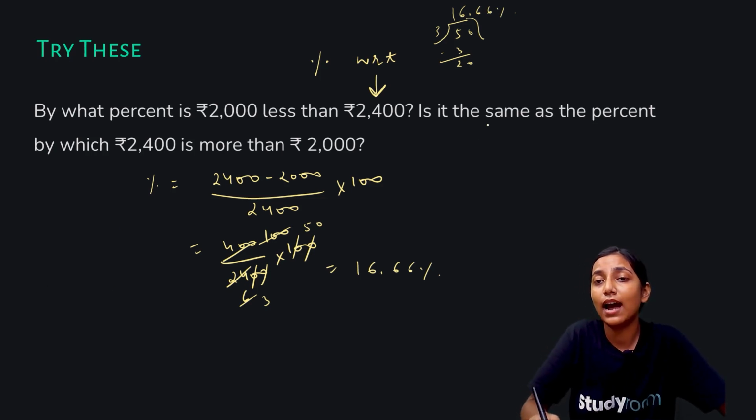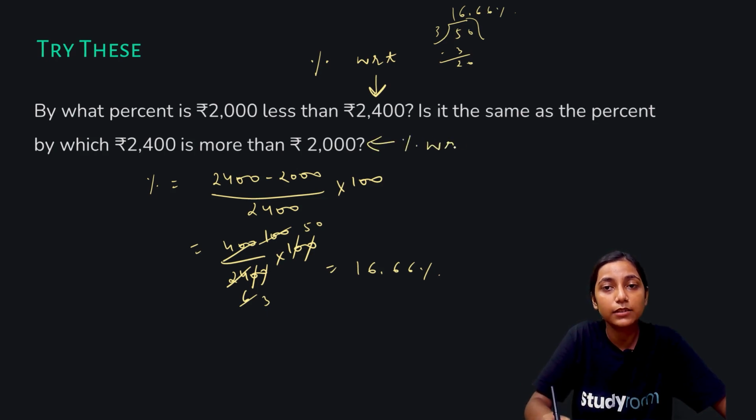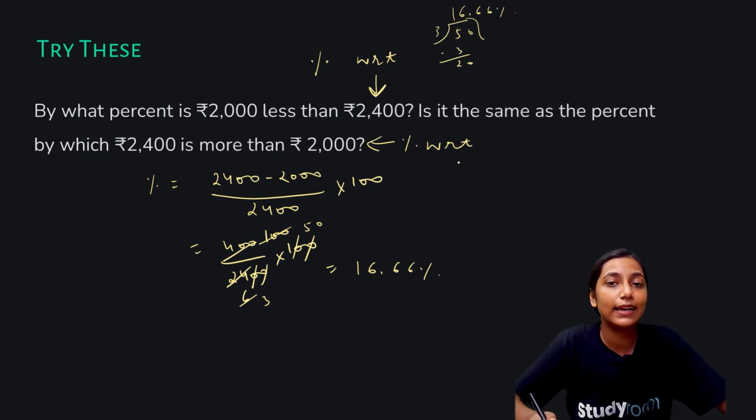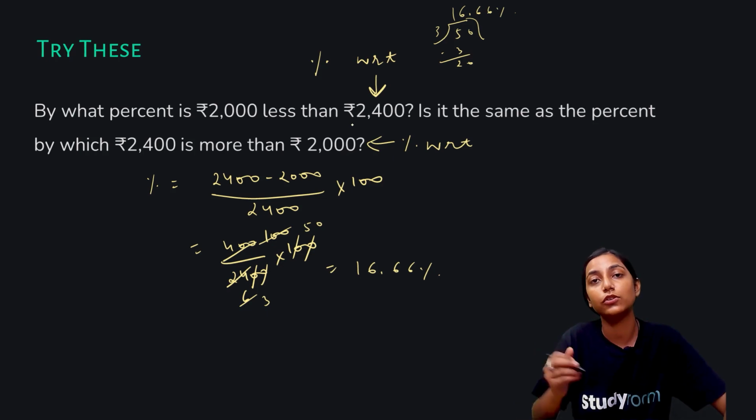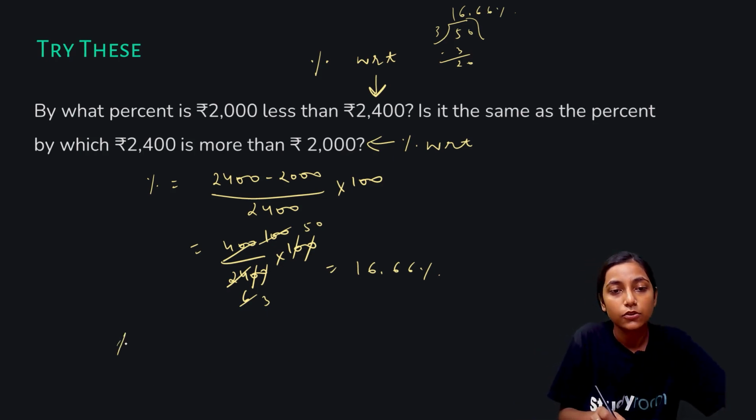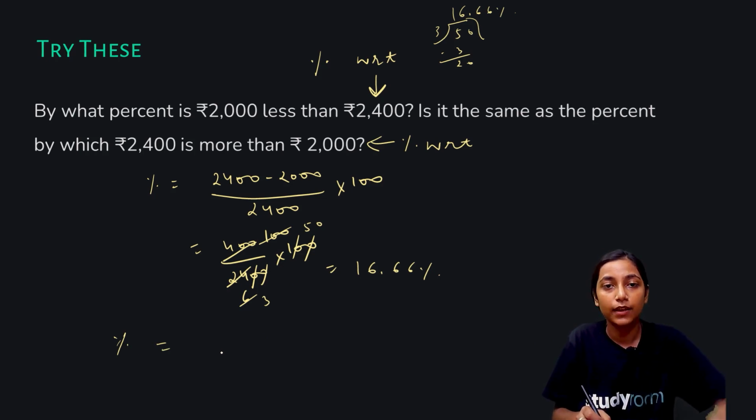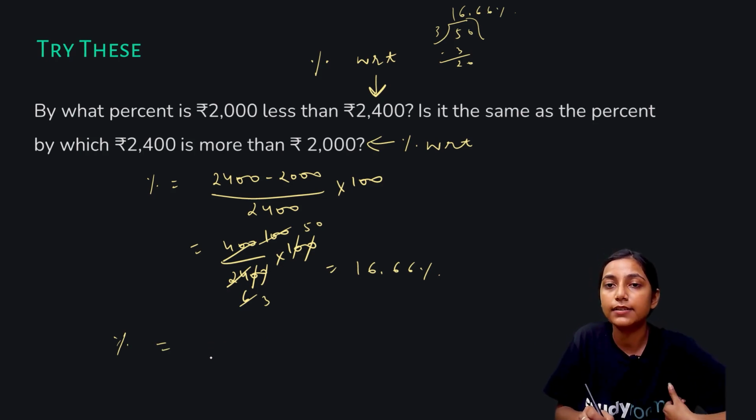In the second part, we are asked, is it the same as the percentage by which 2400 is more than 2000? So in the second part, we will be taking the percentage with respect to which number? 2000, because here we want how much percentage more 2400 is than 2000. So 2000 will be in the denominator this time.